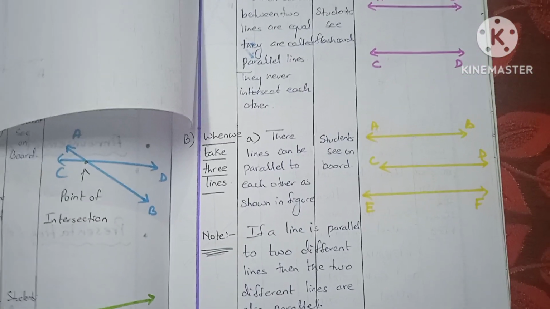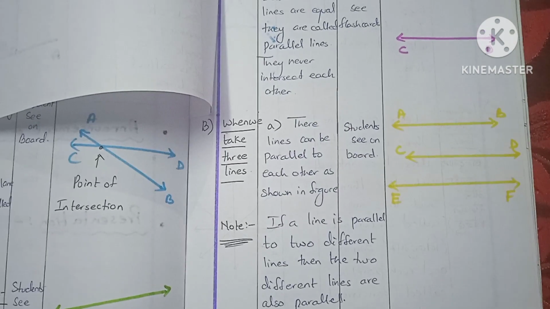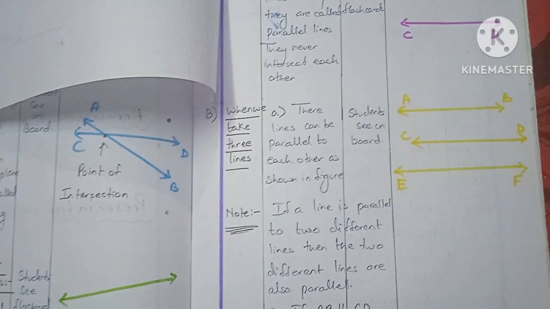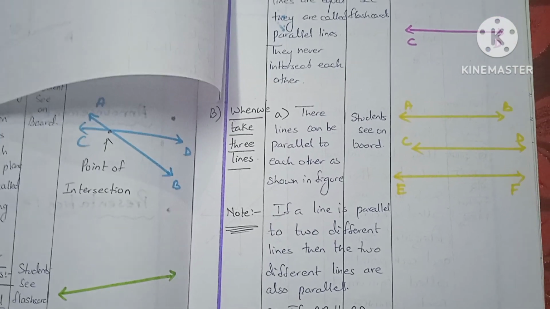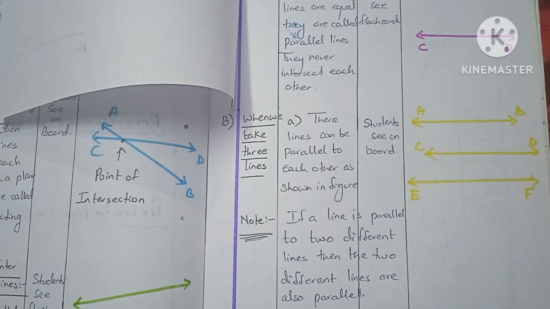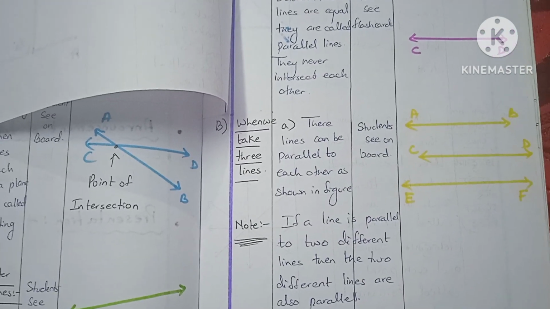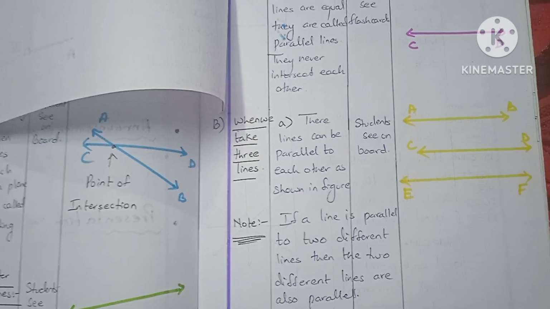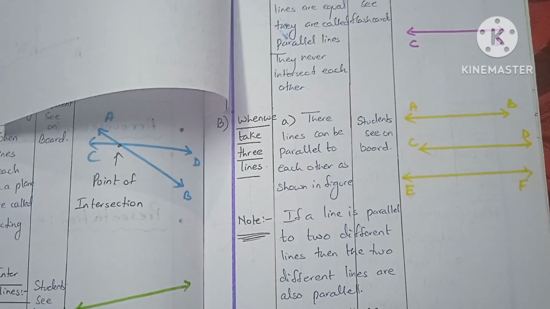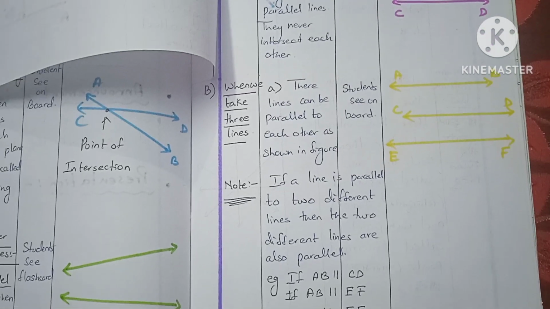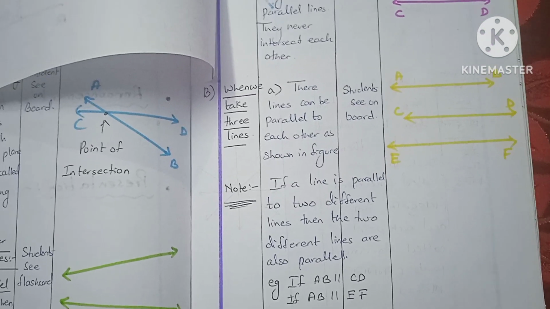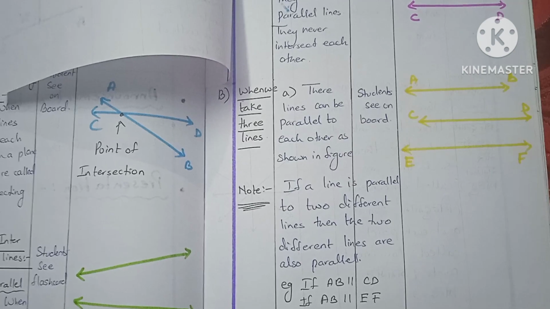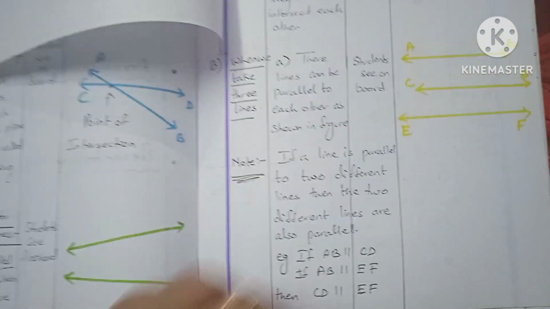Now the teacher takes three lines and draws them parallel to each other and asks if AB is parallel to CD and if CD is parallel to EF, is AB parallel to EF? Then she explains that if two lines are parallel to each other, then they will be parallel to the third one also.